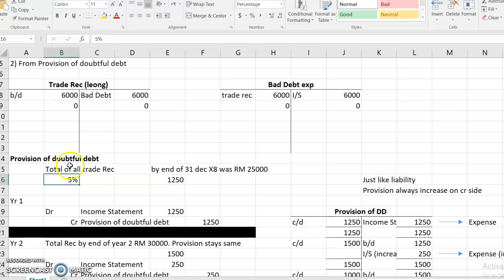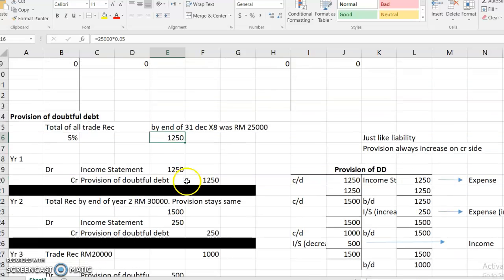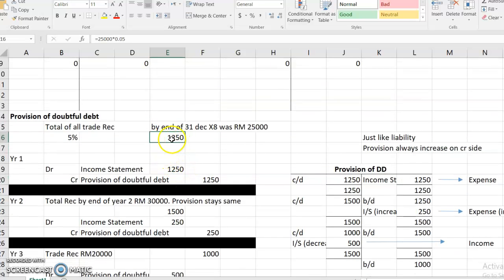We estimate 5% of total trade receivable will not pay us this year. So we take 25,000, multiply by the percentage, and we get 1250. In this scenario we think we will not be able to collect 1250 from our trade receivable.